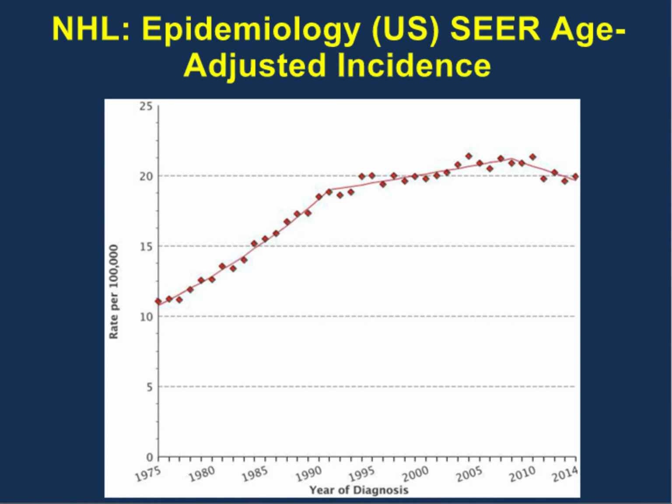Now this is looking at the epidemiology, or age-adjusted incidence by year over the last few decades. And interestingly, look at 1975. Now this is relative per 100,000, but you can see from 1975 to 1995, the incidence doubled. In other words, twice as many lymphomas were diagnosed in the United States over that 20-year period. Now, why was that?